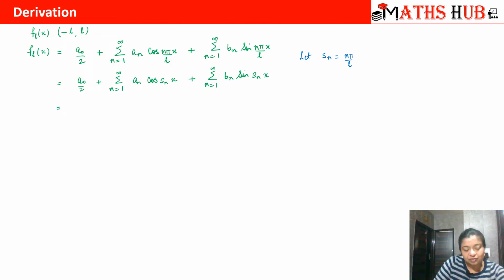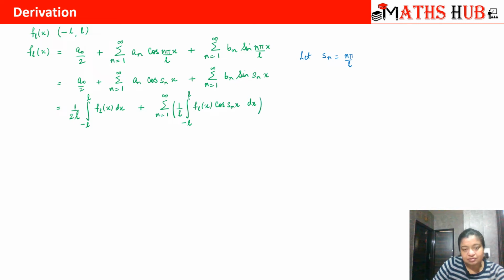Whenever we are working in the domain minus L to L, the value of a0 will be 1 by L, and there is a 2 already there, so we will get 1 by 2L, integration from minus L to L of the function f_L(x) dx, plus summation n going from 1 to infinity, where a_n is 1 by L integration minus L to L f_L(x) cos(s_n x) dx, and this is the value of a_n, right?